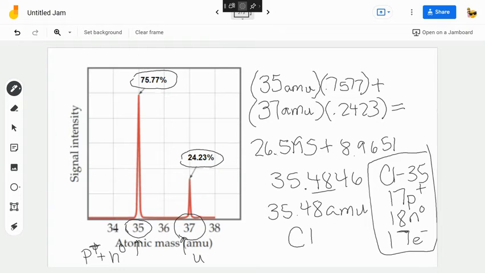for our initial sample. Then we'll say chlorine 37, still chlorine, so it has 17 protons, 20 neutrons, and in the original sample, 17 electrons.